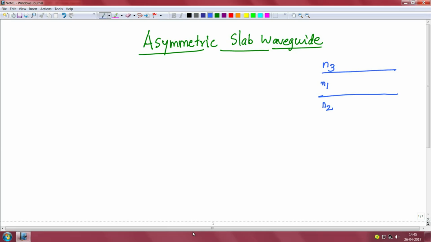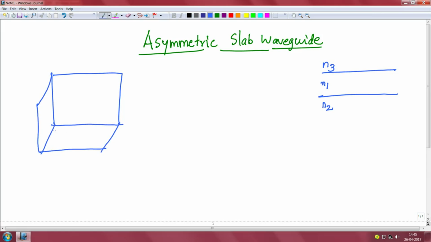We can say that the 3-dimensional structure of an asymmetric slab waveguide will look like this. If we take a substrate and make the whole top surface with a different refractive index, we get an asymmetric slab waveguide.